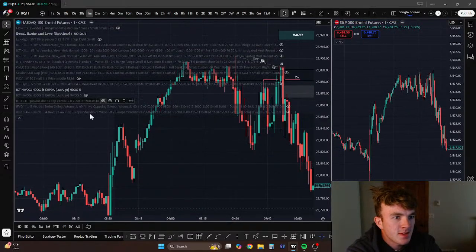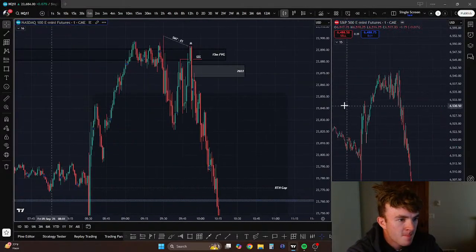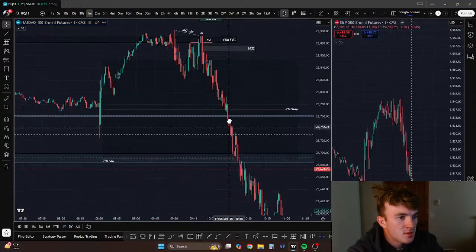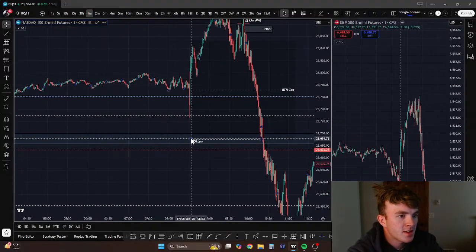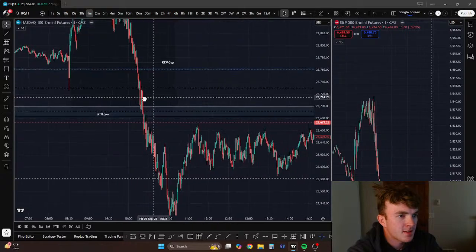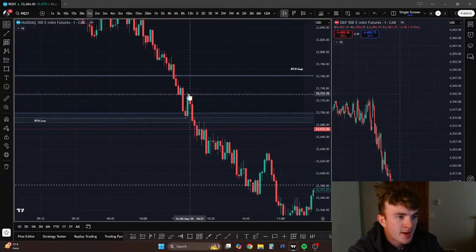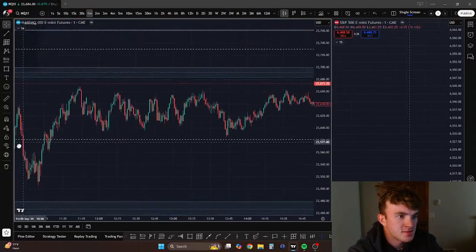Oh yeah, new day opening gaps. RTH low and new day opening gap aligned there. Back test of event horizon.